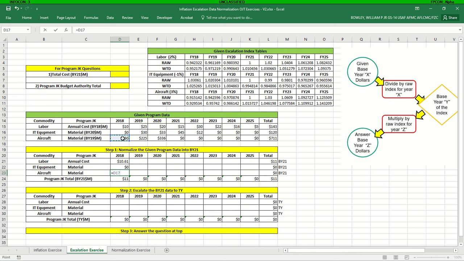And for aircraft, it's going from base year 19 to base year 21. So we're going to grab the FY19 raw index and make sure we lock that. Let's see, I forgot to lock this one. That one is all set. Okay, so now we can drag these over.